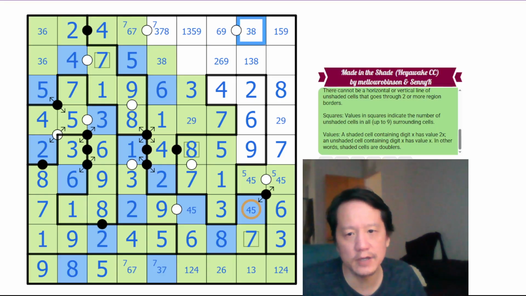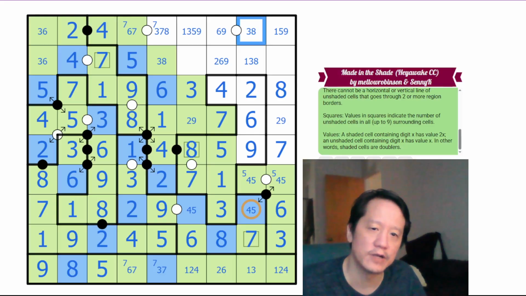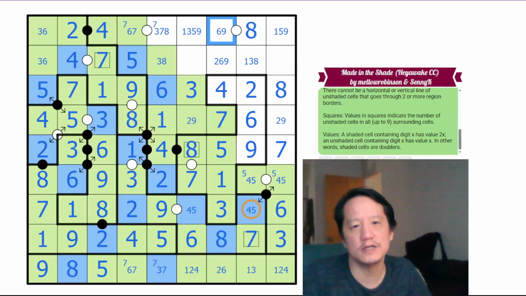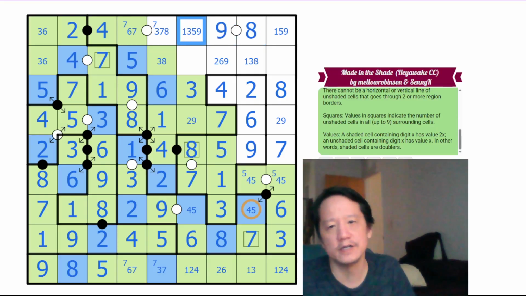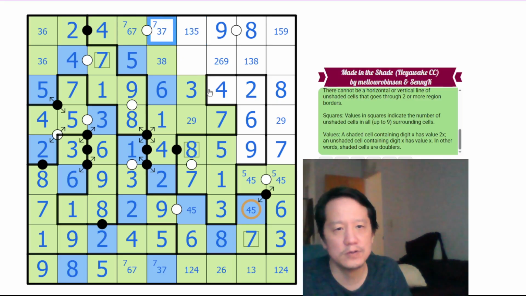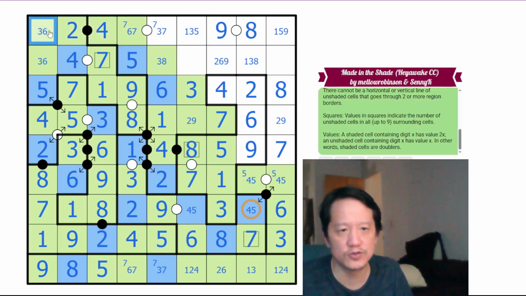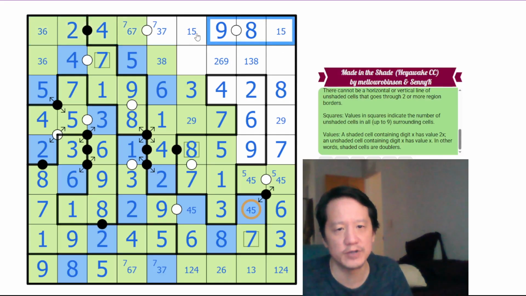So this has to be 8. 8 and 9, right? Yeah. So this is 8, this is 9, which eliminates 8 and 9 in the rest of the row. We have a 3, 6, 7 triplet, which eliminates 3, 6, 7 in the rest of the row. So this can't be 3, this can't be 9.